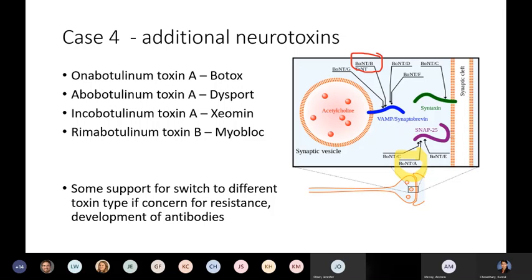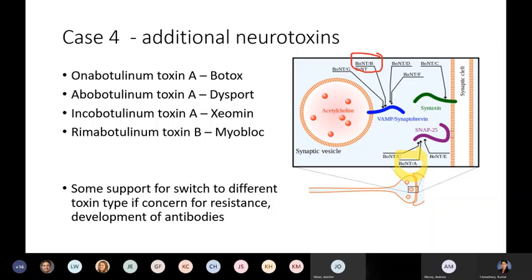So, things to consider. We use Botox most commonly. It's the most widely available, covered, and the one that we clinically have the most familiarity with. But there are other toxin types. Most of the approved toxins are still A-type toxins, so Dysport or abobotulinum toxin A and Xeomin incobotulinum toxin A being two of the other more commonly used.